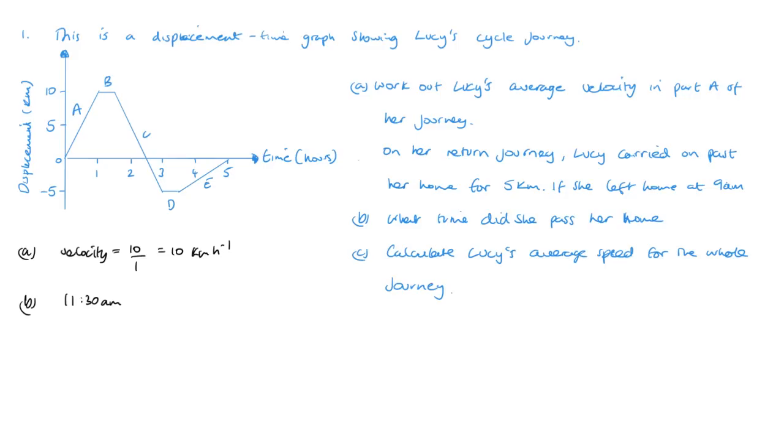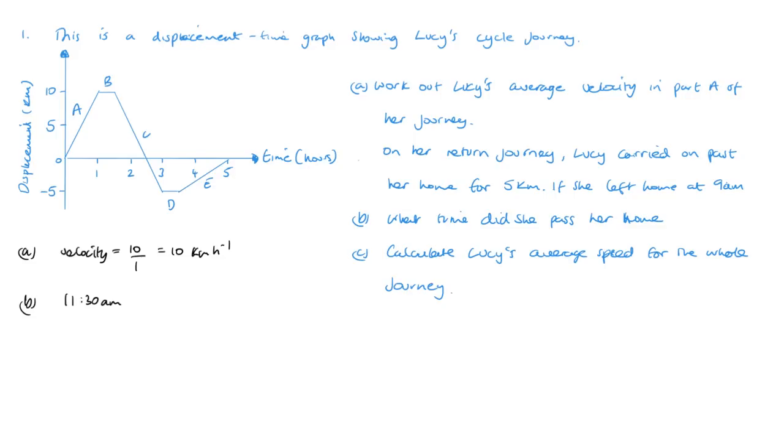So I could see the velocity she's traveling here, which is 10 kilometers an hour. It's the same gradient as this one, just the negative gradient. And then I could work out from here to here how long, and then add that time in. So I can work it out by working out the velocity first if I needed to.